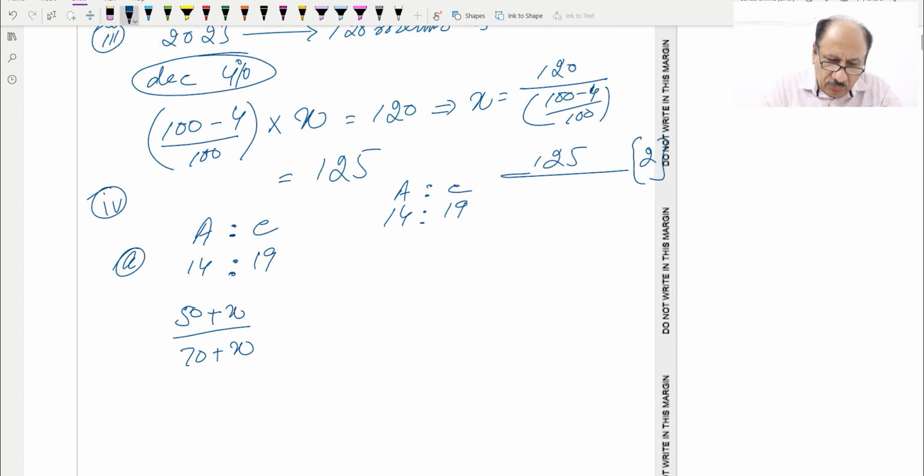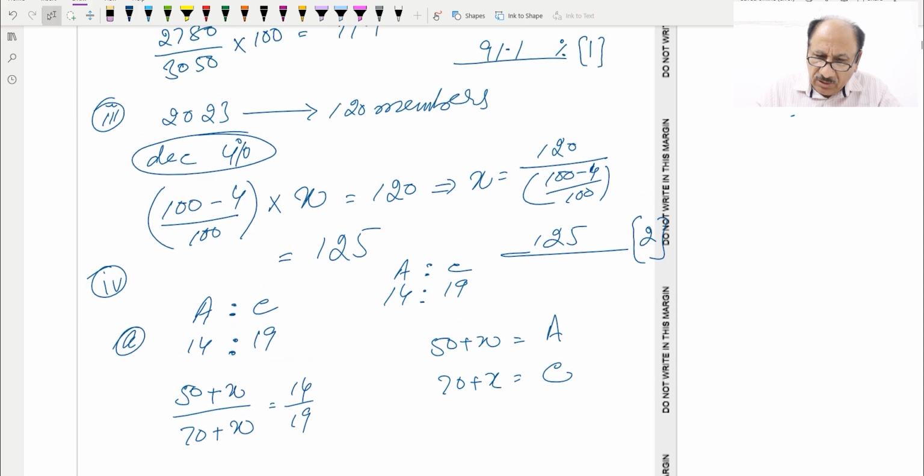Is equal to 14 over 19, and now we can cross multiply from where we got this 50 and 90. Basically, we can write 50 plus x, this will be adult, and 70 plus x, this will be children or child numbers.